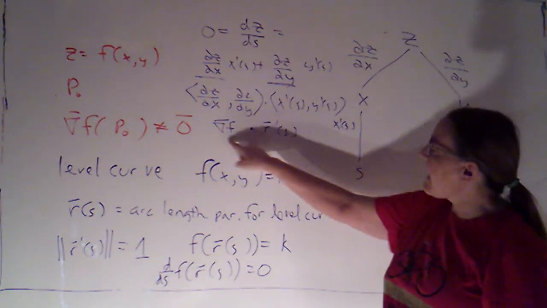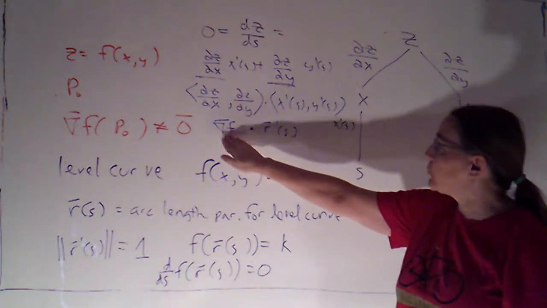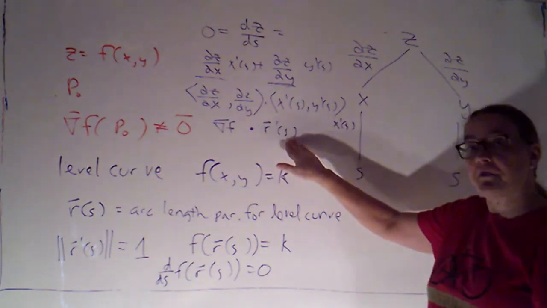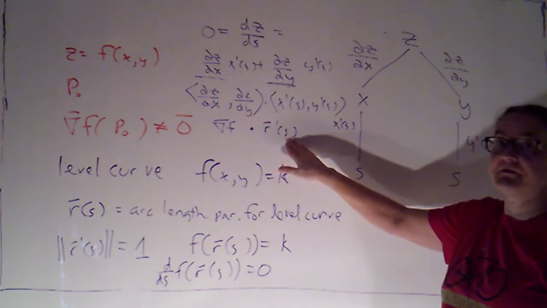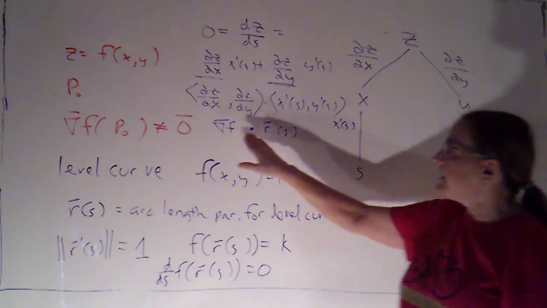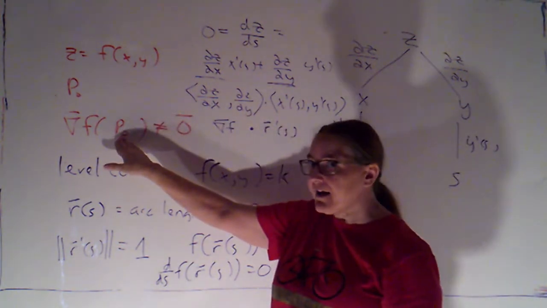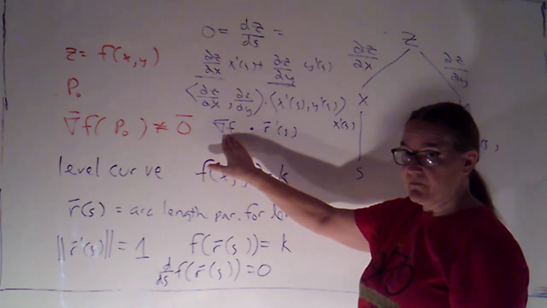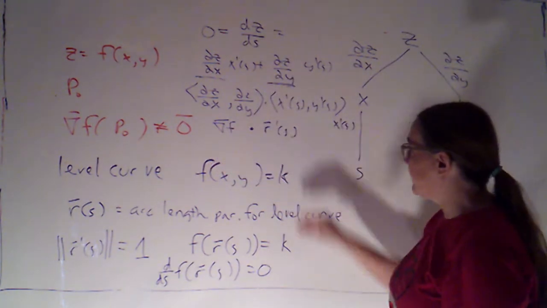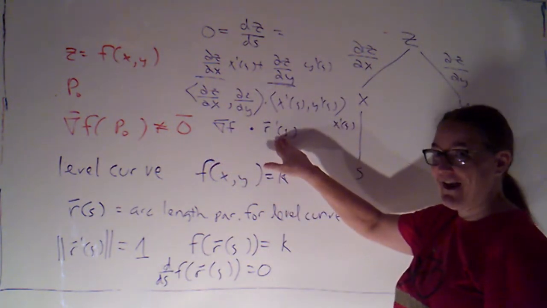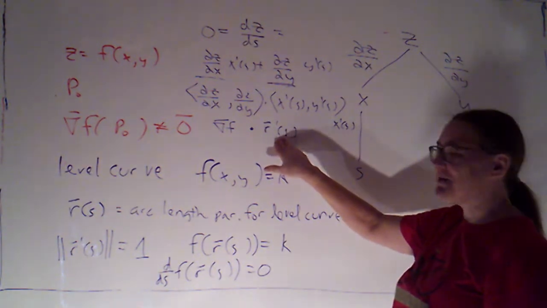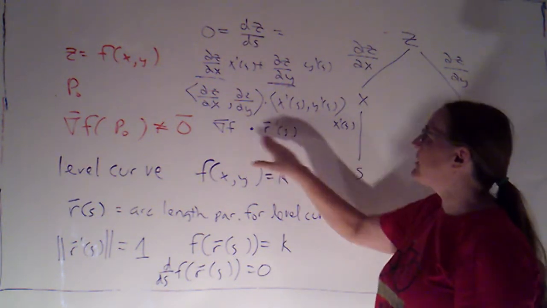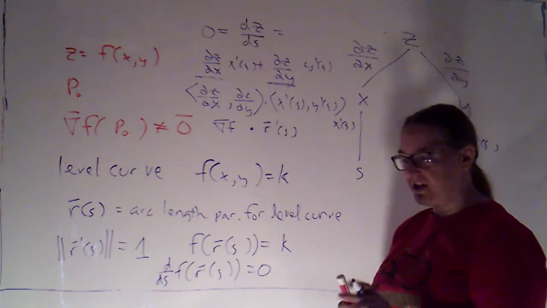And if we're saying that that's 0, we're saying that the gradient is orthogonal to the derivative of my level curve. And if we've supposed that at p naught, the gradient is not zero, I know this first factor isn't zero. We supposed we had an arc length parameterization, so I know this second factor isn't zero because it's a unit vector. So that means that they're actually perpendicular.